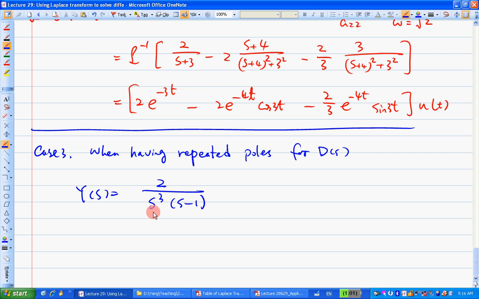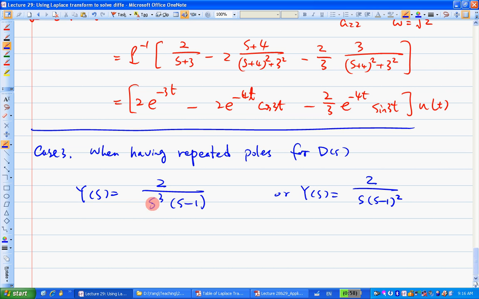This is what I'm talking about, having repeated roots. Or maybe Y of s is 2 over s minus 1 squared, right? You see this one is also repeated: s equals 1 is repeated twice. Over here, s equals 0 is repeated 3 times.